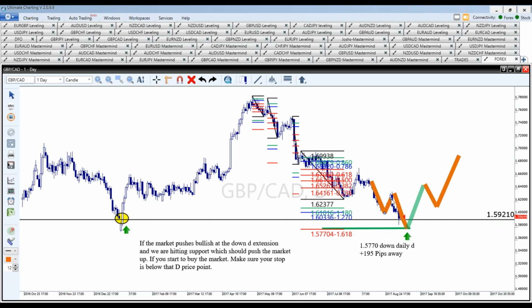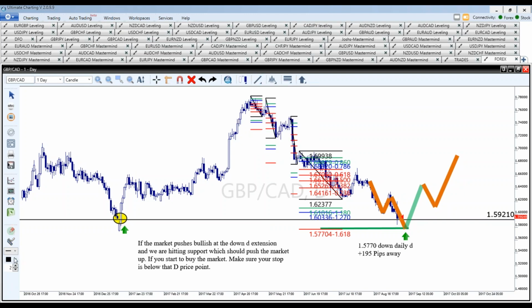So what we need to do is find this next bullish point, and we need to use that as our limit. And then we will expect a major pullback.